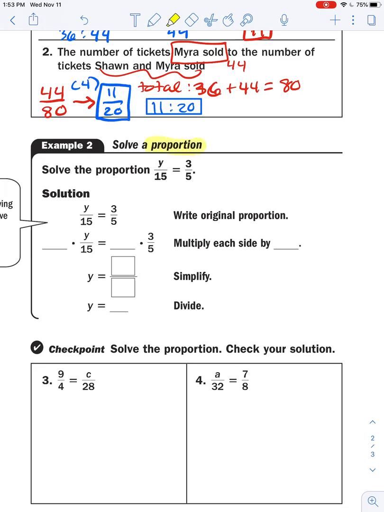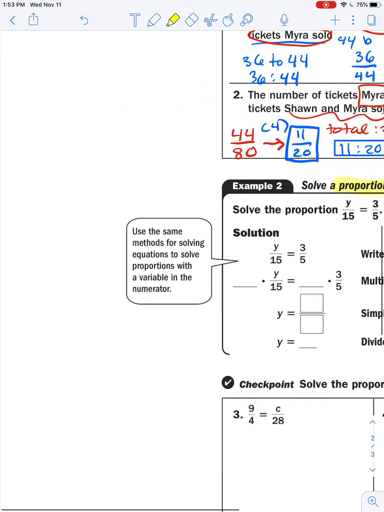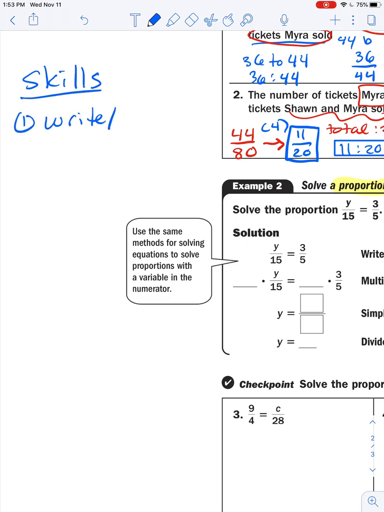So what if we get into proportions now, where there's just not one ratio? There's kind of 2 things you need to be able to do today. So the 2 skills that you'll need to be successful on your homework. 1, you need to be able to write and reduce a ratio. So that's 1 fraction like we've been practicing.